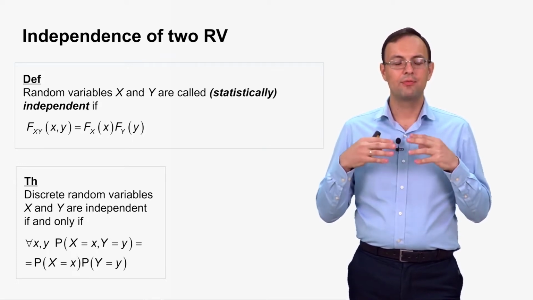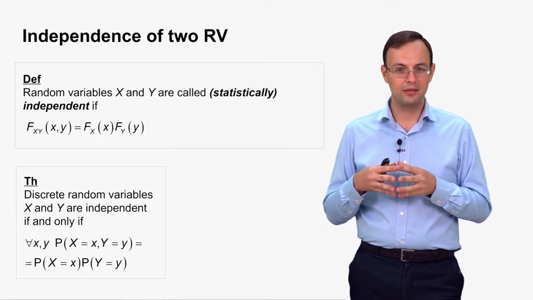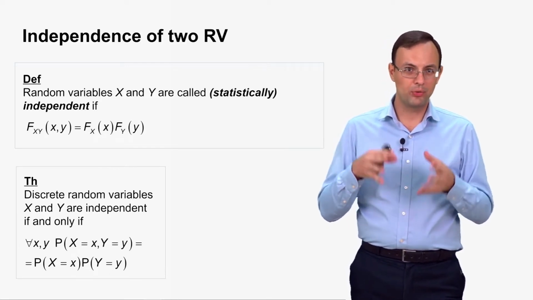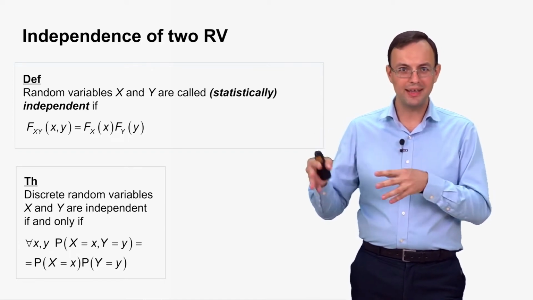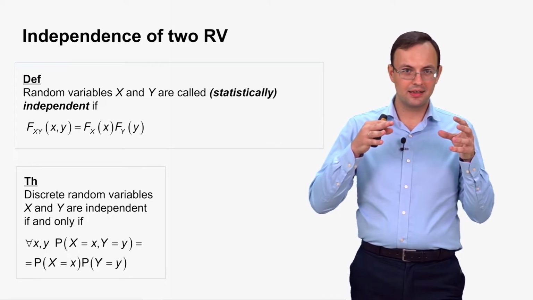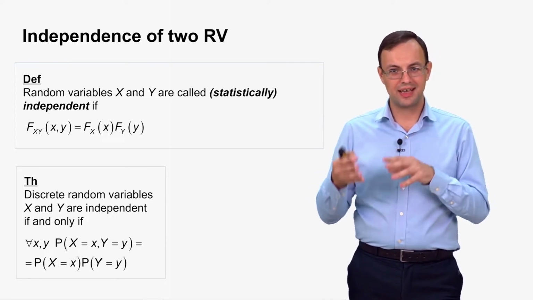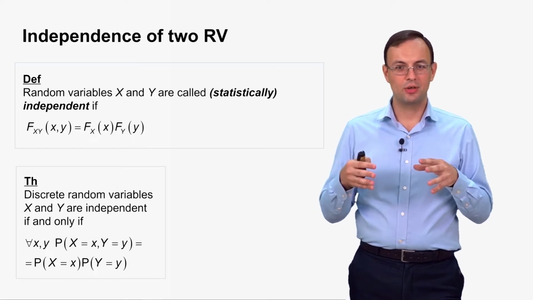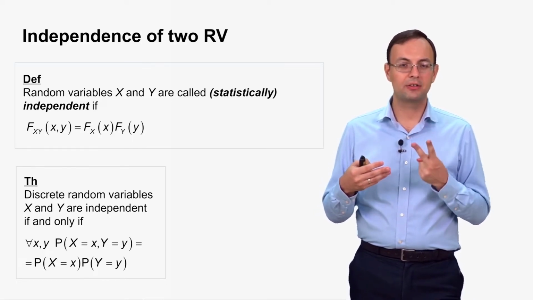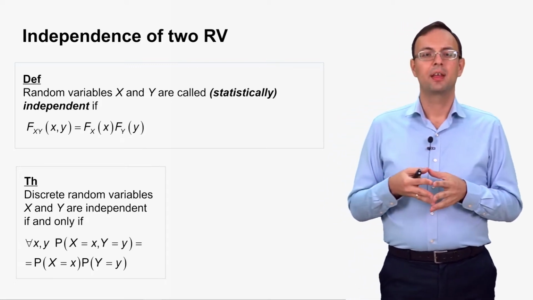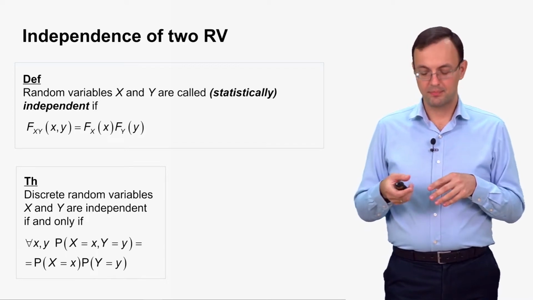So if for any pair of values small x and small y, the probability that both x is equal to small x and y is equal to small y is equal to the product of probabilities that x is small x and y is small y. So if it is true for any possible pair of values, then x and y are independent, and vice versa.